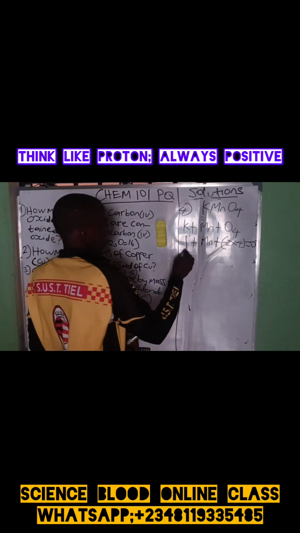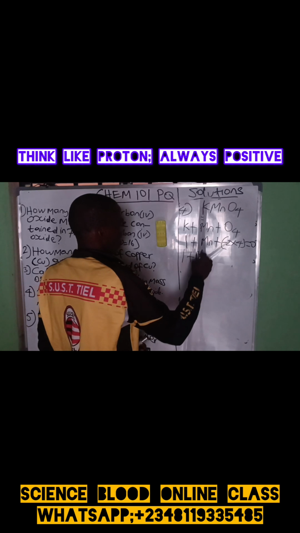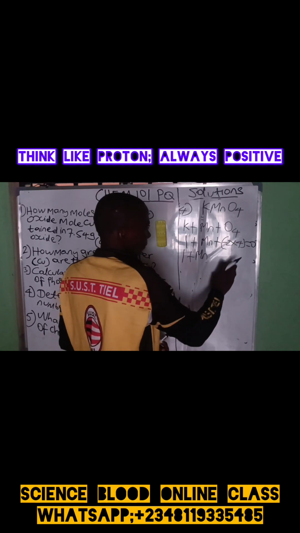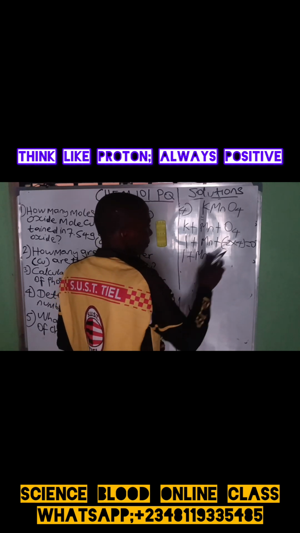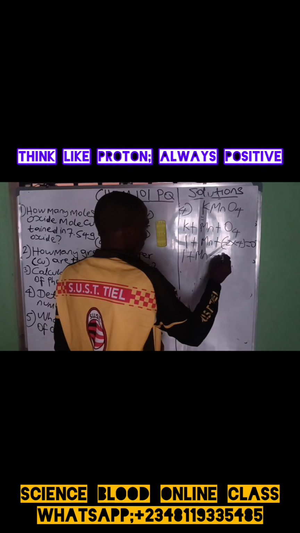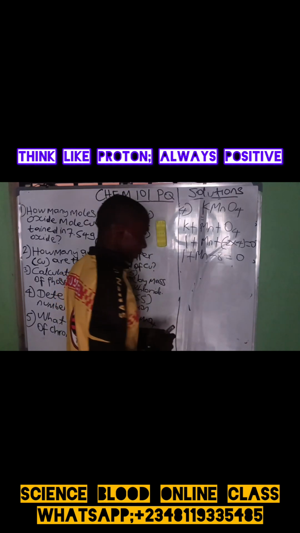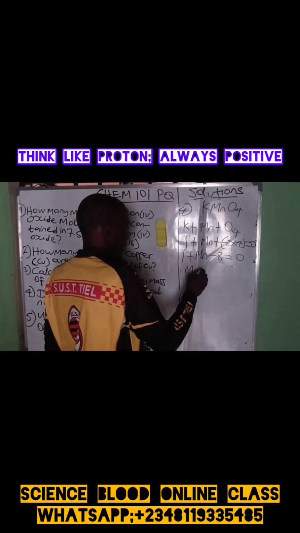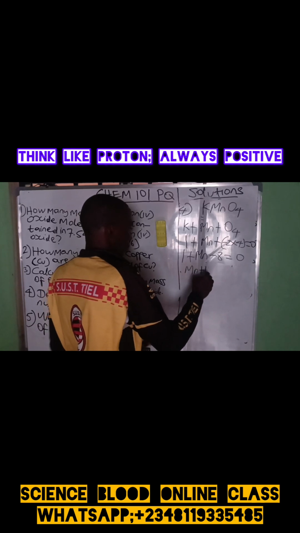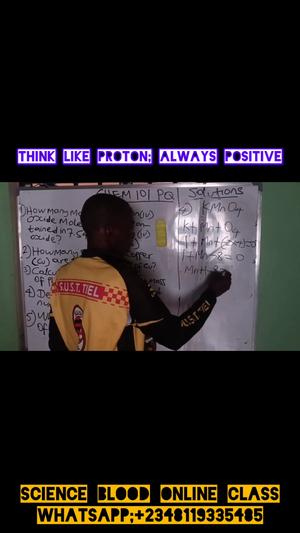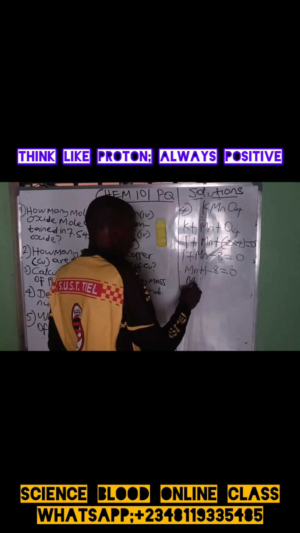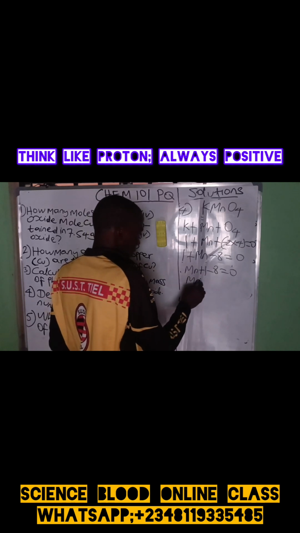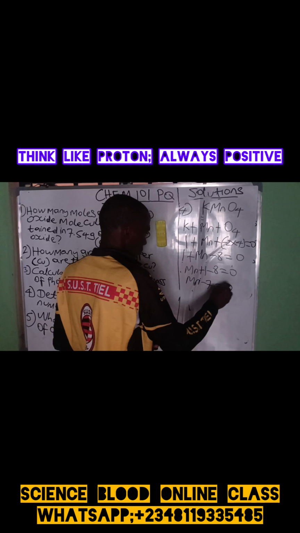Let's continue. So here we have 1 plus Mn, plus -2 times 4 will give us -8, equals 0. Upon this level, we are going to collect like terms. Therefore, we have Mn plus 1 minus 8 equals 0. 1 minus 8 will give us -7, so Mn - 7 equals 0.